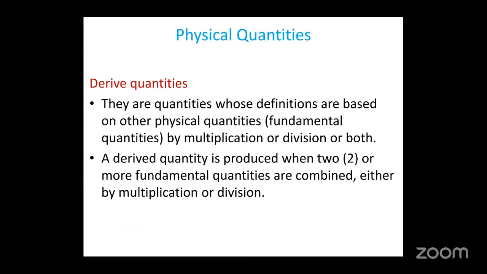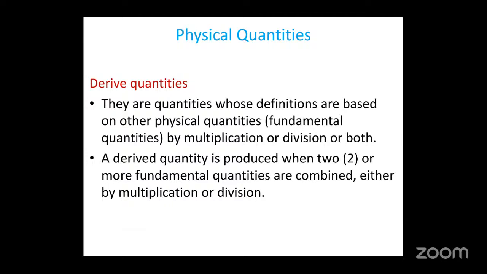Now, the second category of physical quantity is derived quantities. They are quantities whose definitions are based on other physical quantities, just like the name sounds.